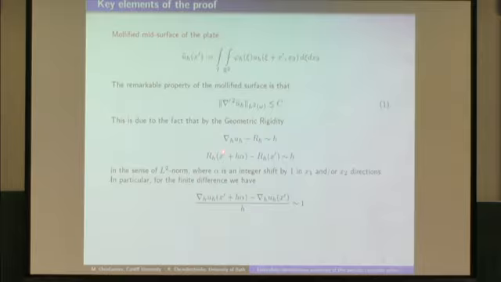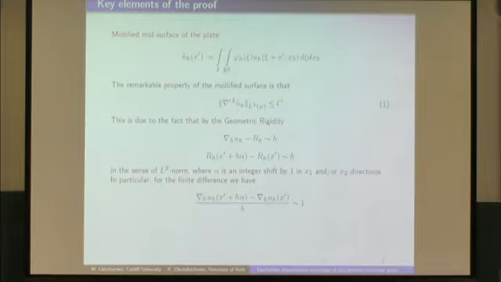And also, as I already mentioned, if we shift from one h cube to a neighboring h cube, this difference will be of order h. Basically, putting this together, we can consider a finite difference like this, and it is bounded. We prove it rigorously.